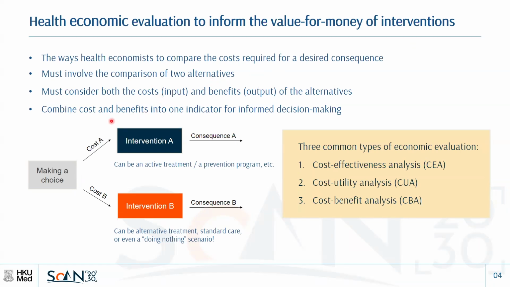And lastly, it must combine cost and benefits into one indicator for informed decision-making. There are three common types of economic evaluation, including cost effectiveness analysis, called CEA, cost utility analysis, called CUA, and cost benefit analysis, called CBA. In the following lectures, I'm going to elaborate these three types of economic evaluation in detail.